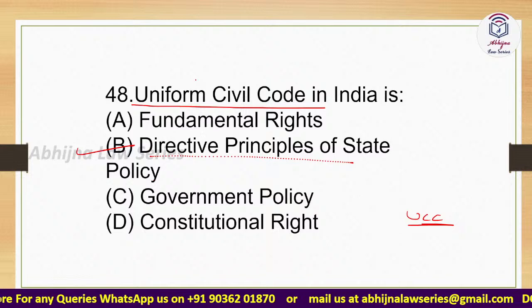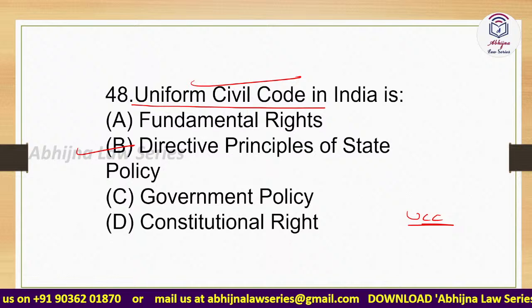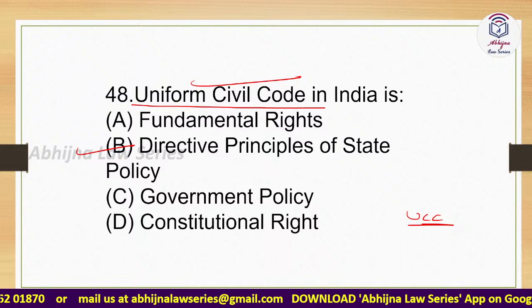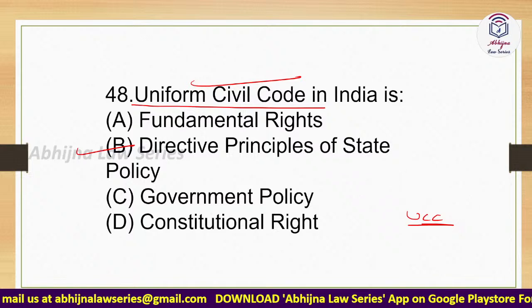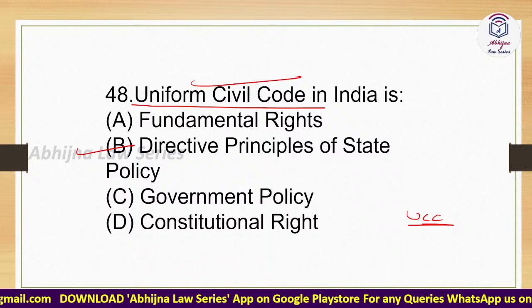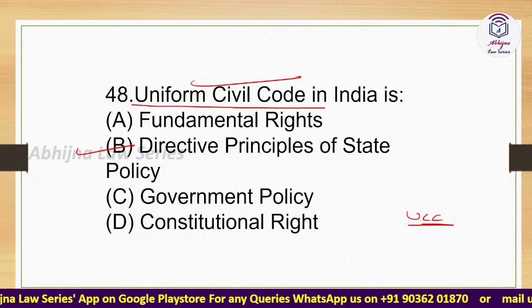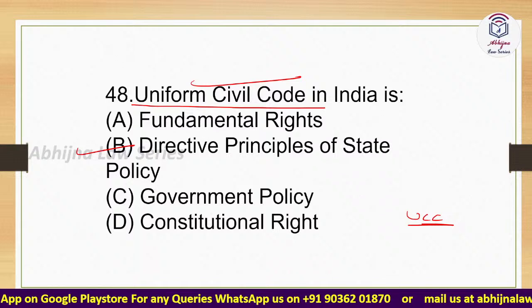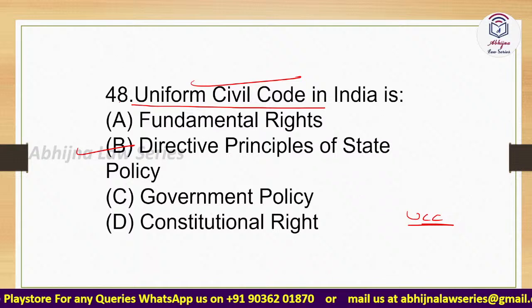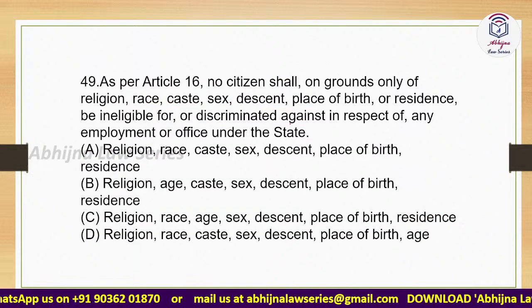So all citizens will have the same law in the cases of inheritance, marriage, or in different cases, they will have an equal or similar law. That is said to be a uniform civil code.